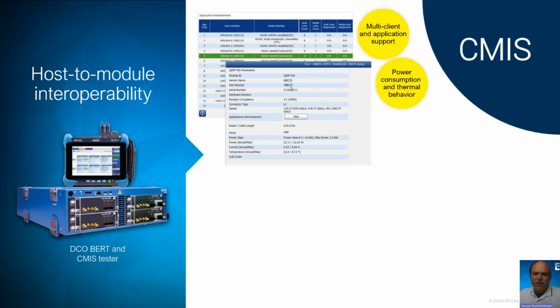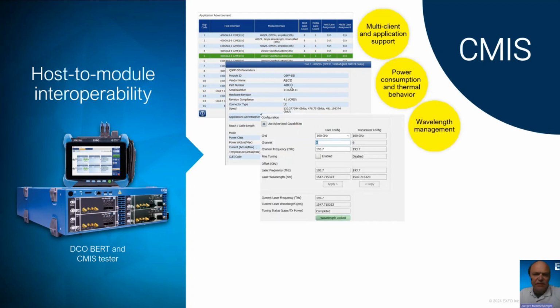So the pluggable operates at a relatively stable temperature of around 50 degrees. But anyhow, the temperature monitoring verifies the behavior and confirms that the fluctuations don't exceed the allowed values here.